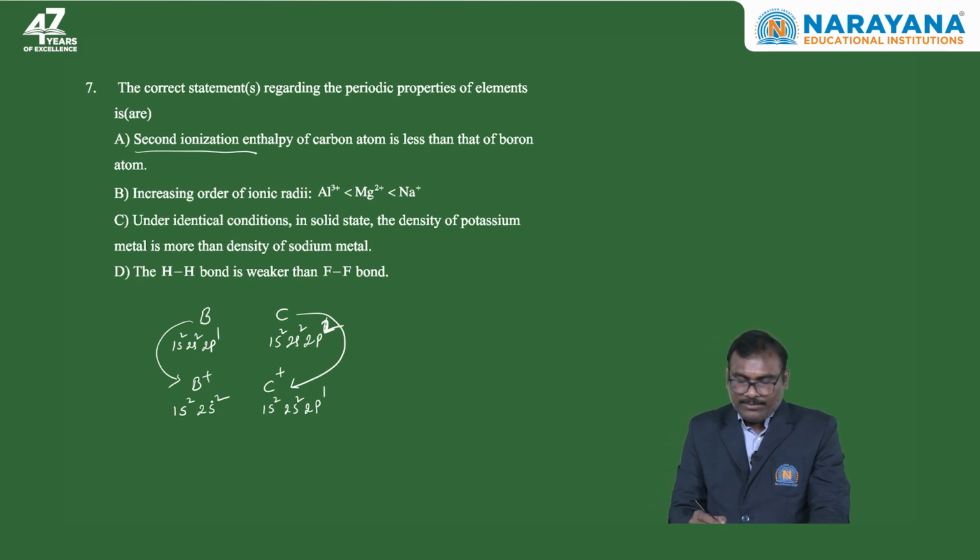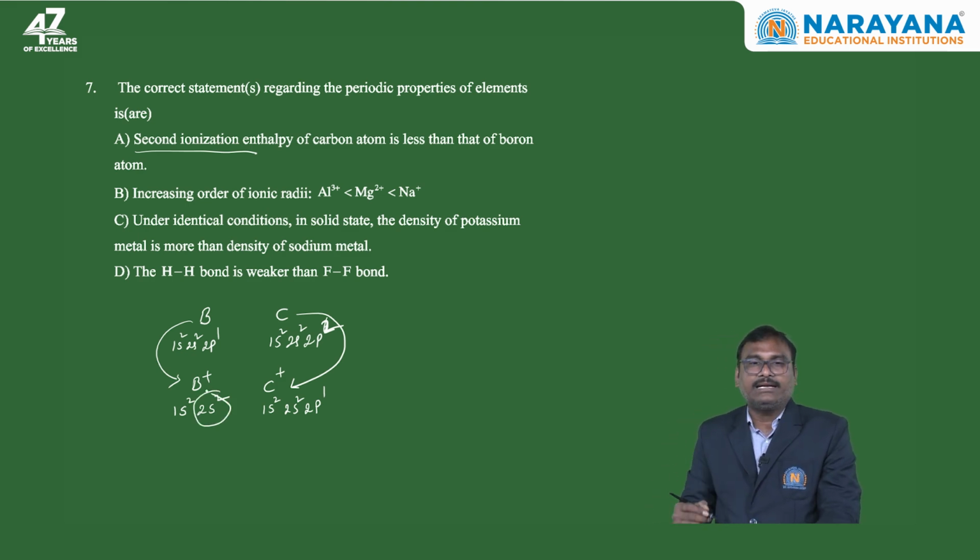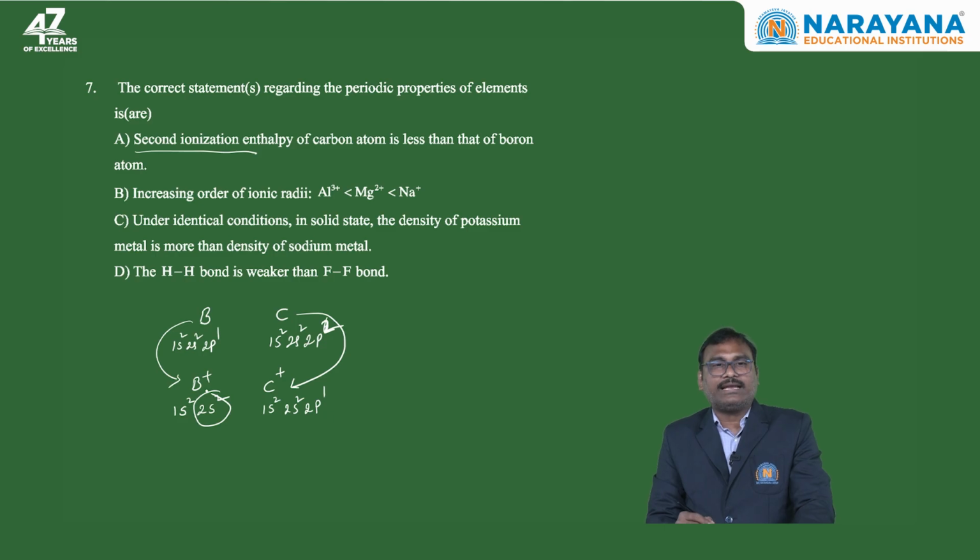So for boron, the electron removal is from the filled or paired 2s orbital, rather than from an unpaired 2p electron. That's why the statement that the second ionization enthalpy of carbon atom is less than that of boron atom is correct.